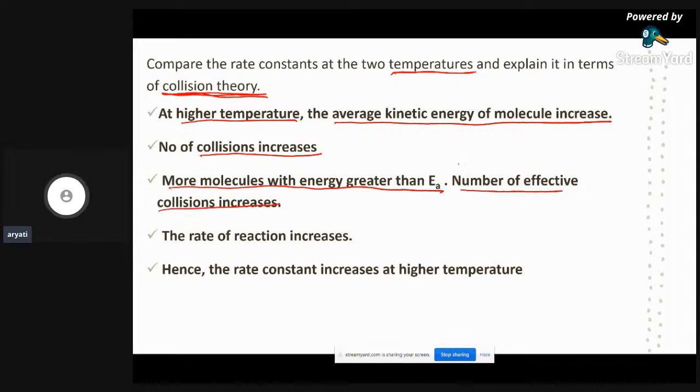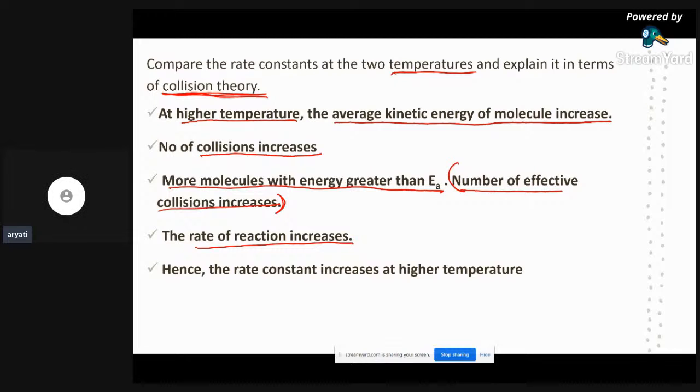Okay, so kita mesti tulis number of effective collision increase. Sebab the rate of reaction memang very depending on the number of effective collision ataupun only the effective collision that produce a product. Okay, so when the number of effective collision increase, so the rate of reaction will increase.